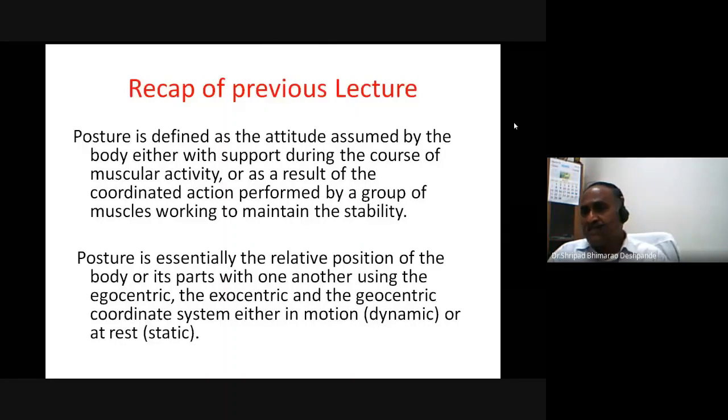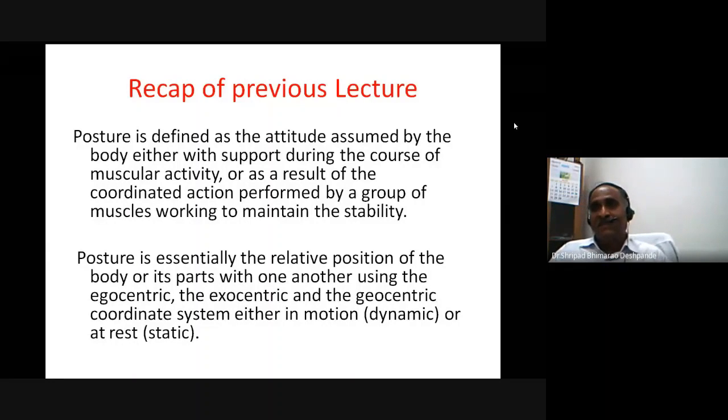Now I have made it a little shorter. Posture is essentially the relative position of the body or its parts to one another, using the egocentric, exocentric, geocentric coordinate system, either in motion or at rest.